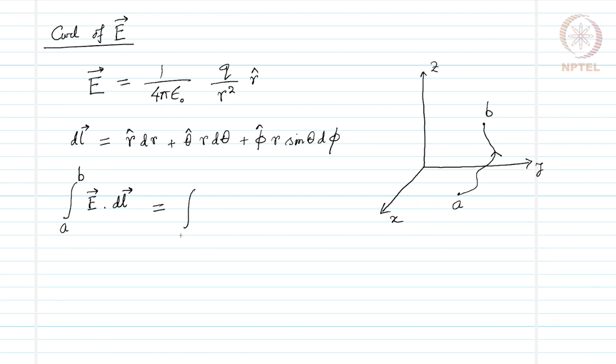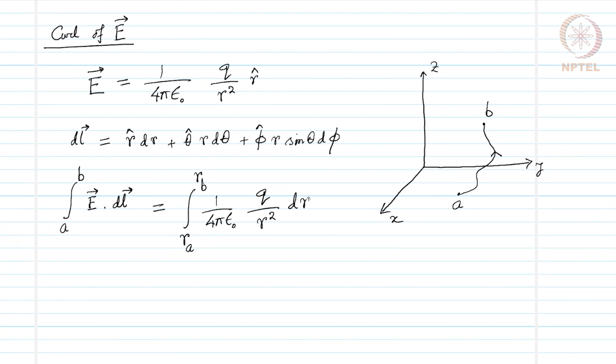So, we will have in the expression r from r a to r b 1 over 4 pi epsilon naught q over r squared dr.